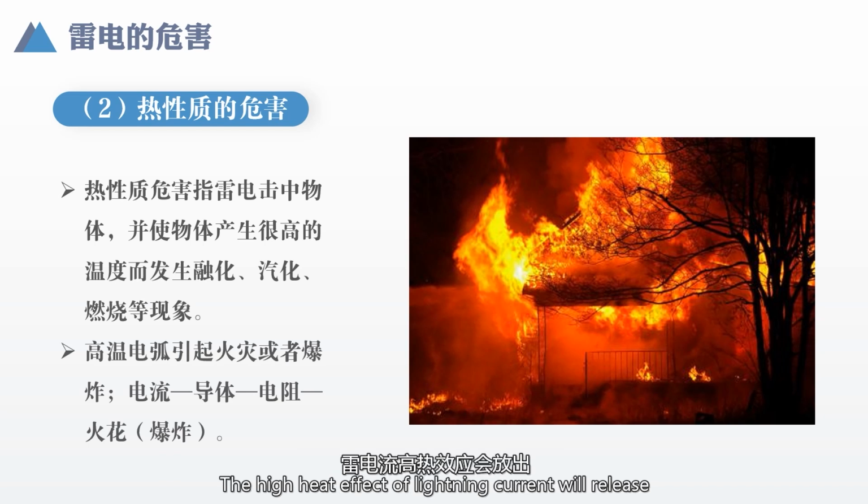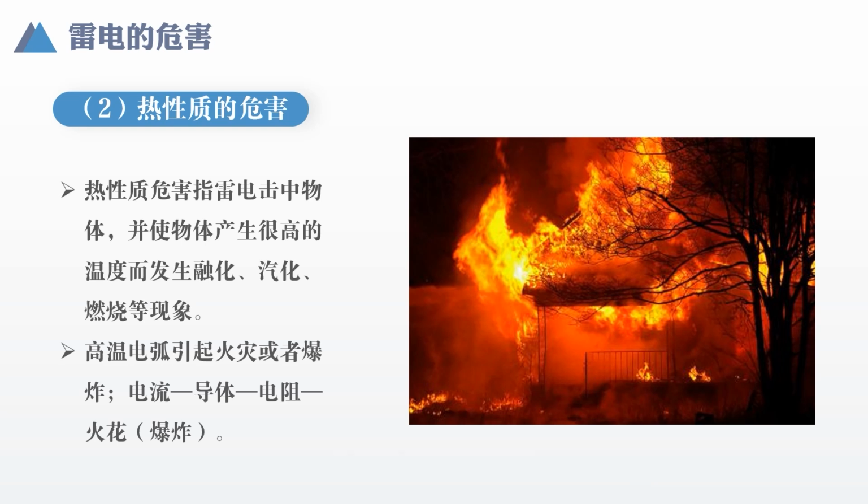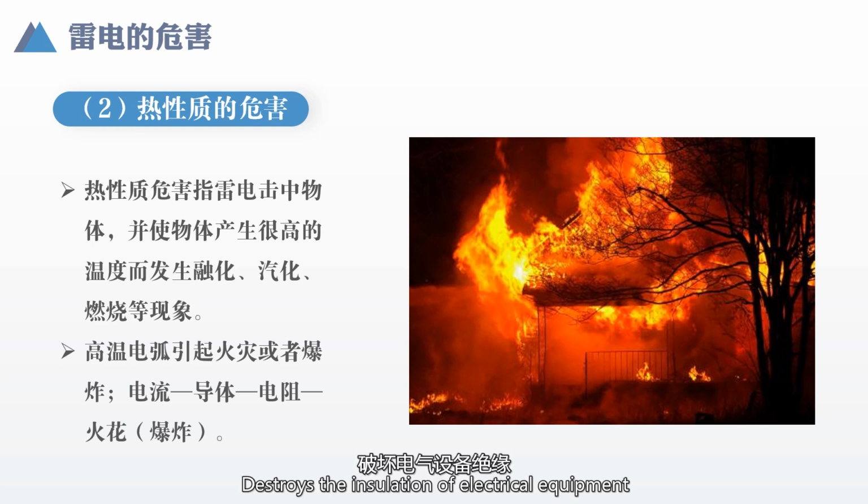The high heat effect of lightning current releases a strong current of tens to thousands of amps and generates a lot of heat energy. When lightning current passes through conductors with resistance or inductance, it produces a high level of heat, destroys the insulation of electrical equipment, causes metal to melt, generates sparks and discharges, and causes combustion and explosion.